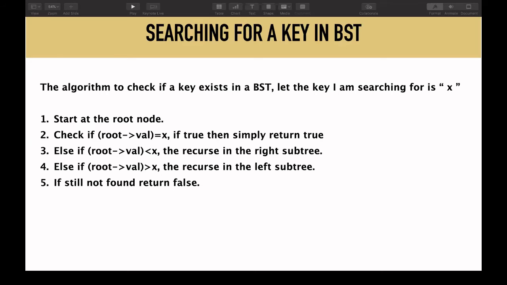Else you shrink your domain, I mean, you either move the low variable or the high variable according to what the question expects. The same thing is also happening here. And if you are still not able to find the node, then you should simply return false.